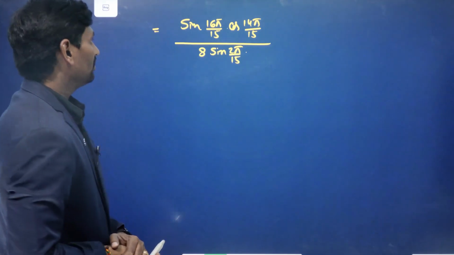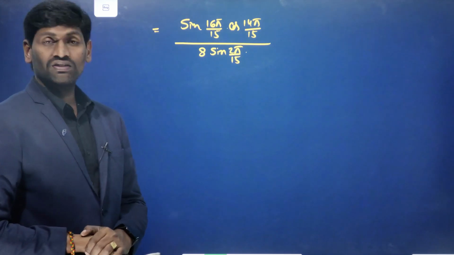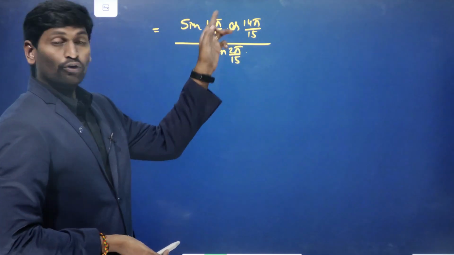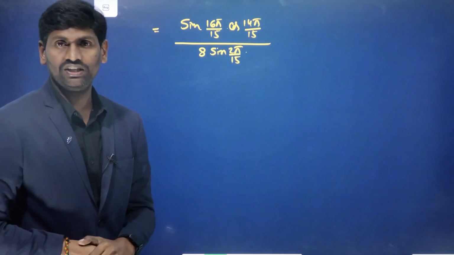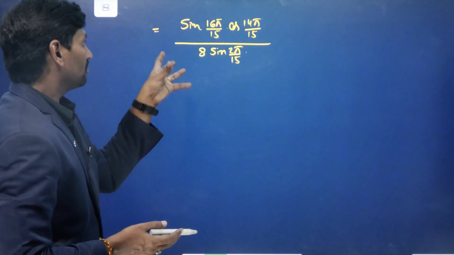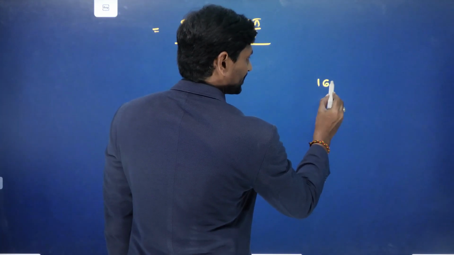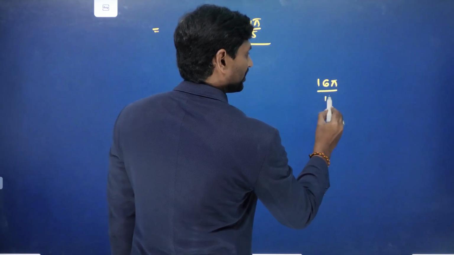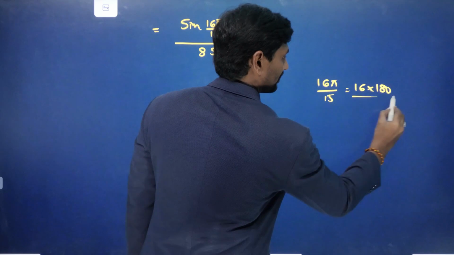Okay? Now check this one. Sin 16 pi by 15 cos 14 pi by 15. Both theta values are somewhat different, so we have to try to find its value. Let us write the 16 pi by 15 value here.